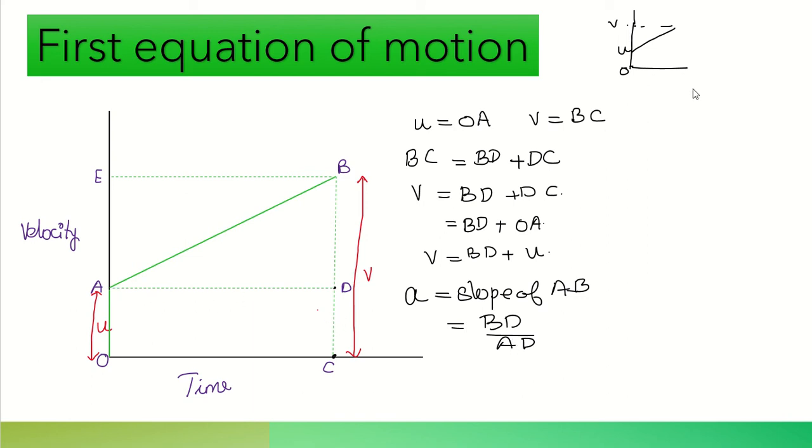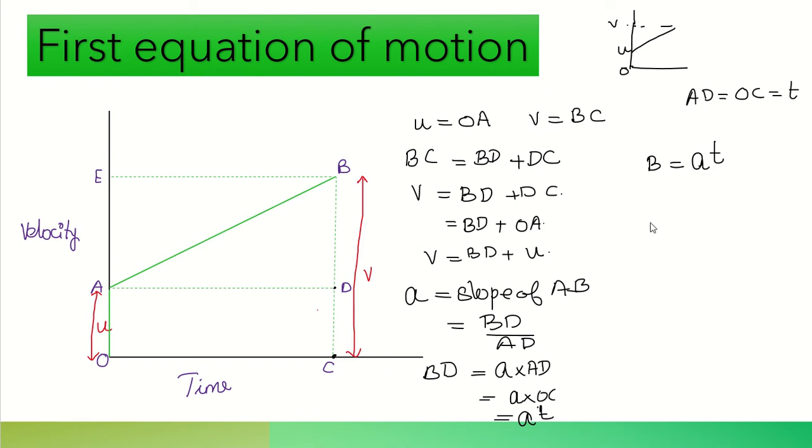Observe carefully on the diagram, AD is equal to OC, that is nothing but the time. So a is equal to BD by AD, and BD is equal to a multiplied by AD, that is a into OC, that is equal to a into t. So we are getting BD is equal to a multiplied by t.